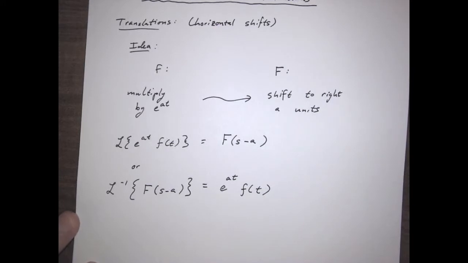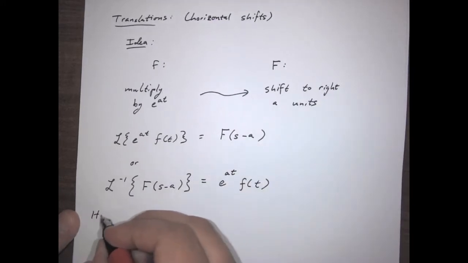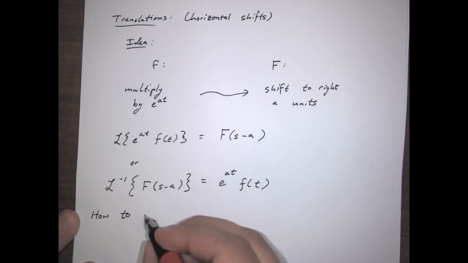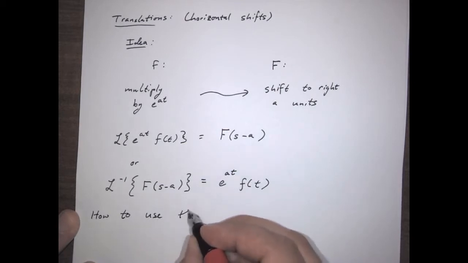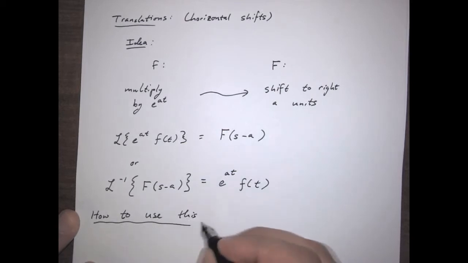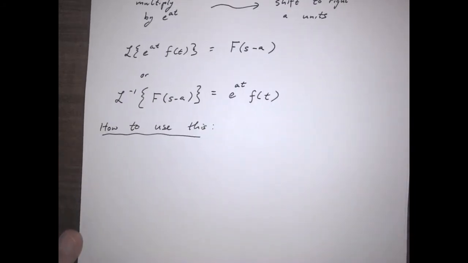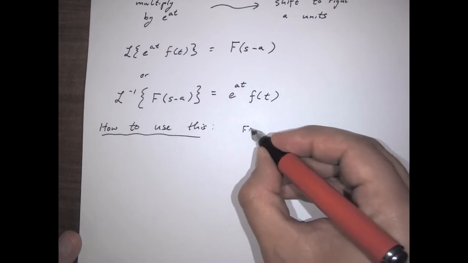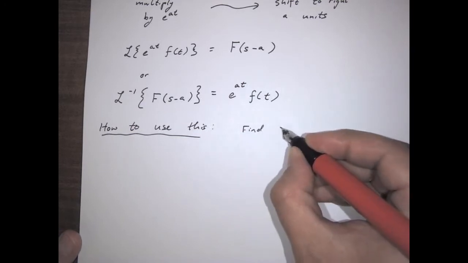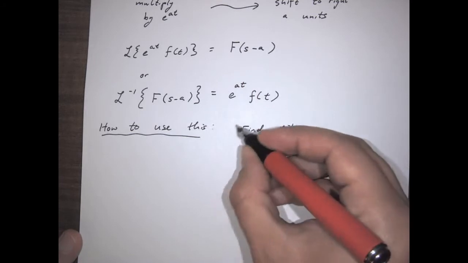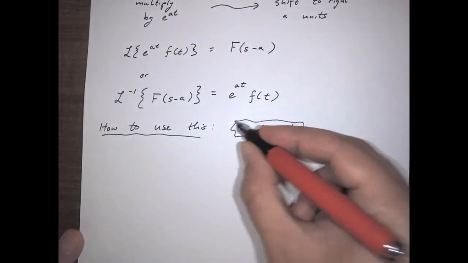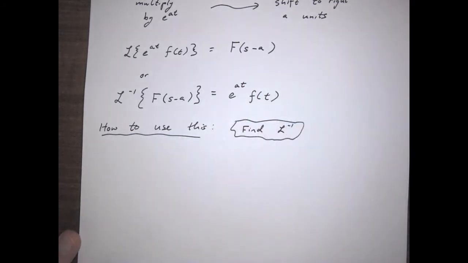Now the main tricks for using this, so how to use this, all involve trying to rewrite the expression that's given. So we'll use this to find the inverse Laplace. That's going to be the main direction we'll see, although we can go the other way as well.